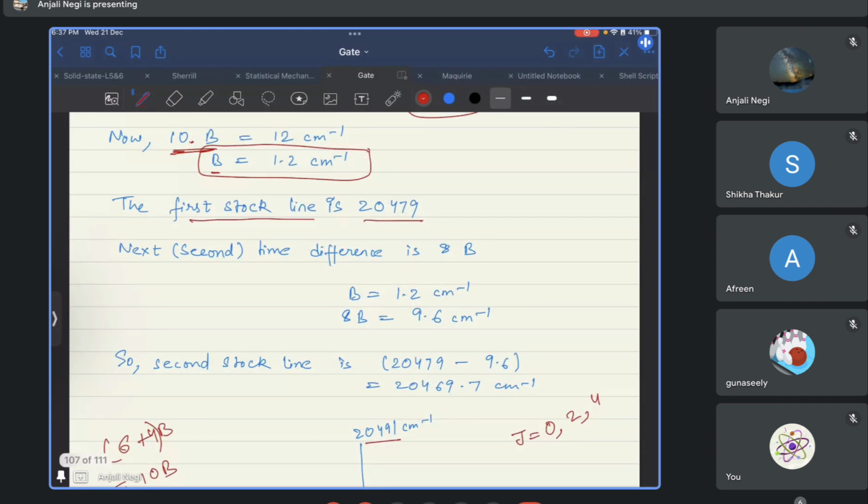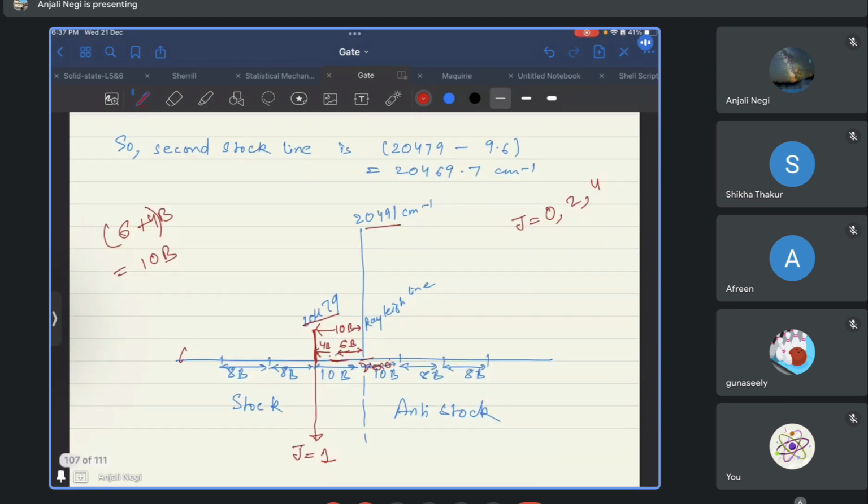For part 2, it was asked at what position the second Stokes line should come. So the second Stokes line should come, say this is my 10B, my J1 is there, my J2 will not be here, so it will be 4B, but my J3 will be here, so this is J equal to 3.